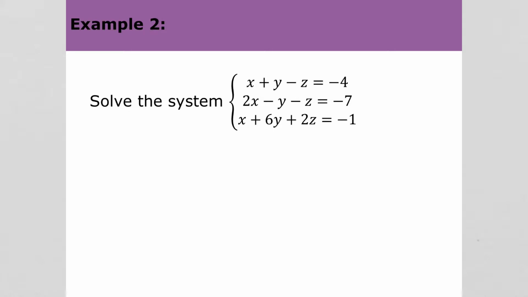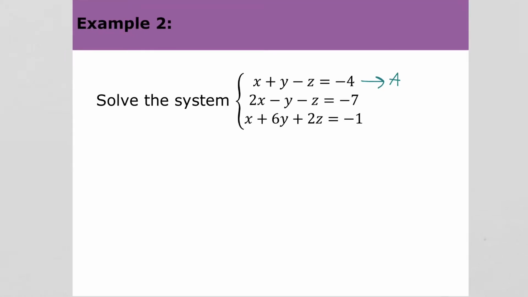All of these are in that form. Second, we're going to give each equation a name. The first one I'm going to call A, the second one is going to be B, and the third is C.